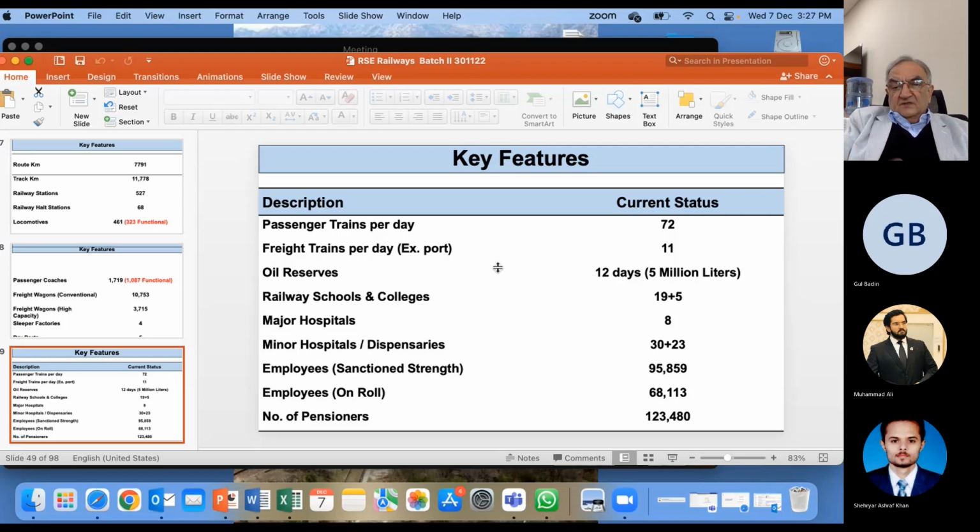68,113. Now this sanctioned strength has been reduced by about 30,000, maybe 35,000 since the 1980s. This was our strength then. Frankly, when I look at this figure, we can thank the World Bank, the IMF, the Asian Development Bank.